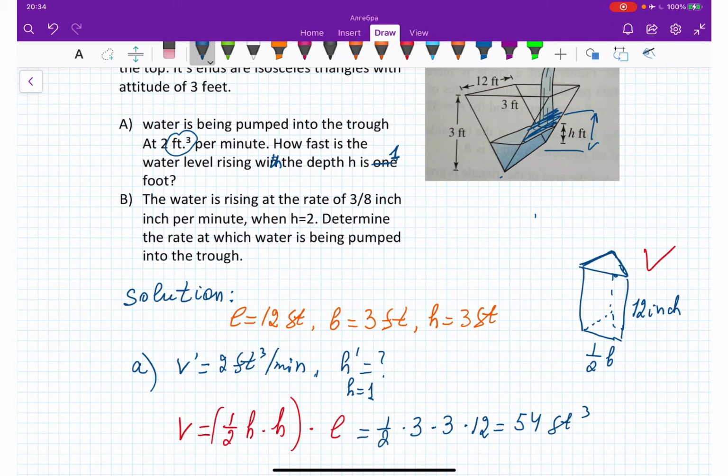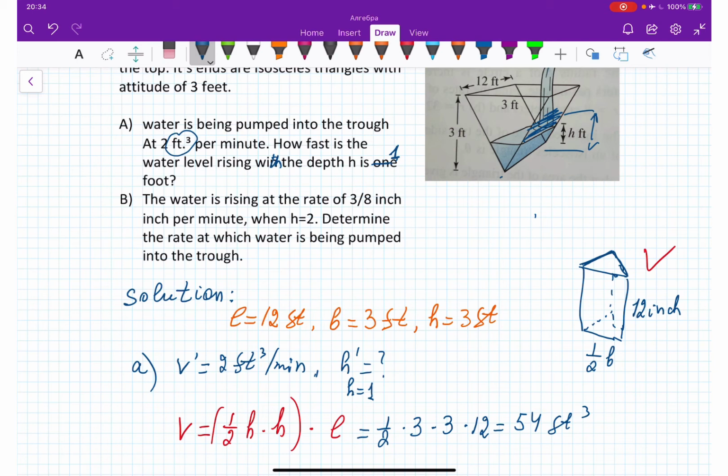Okay. So like I said, we don't need to know the volume of the trough, but we need to know the volume of the water in the trough as a function of height. Because height will be changing.